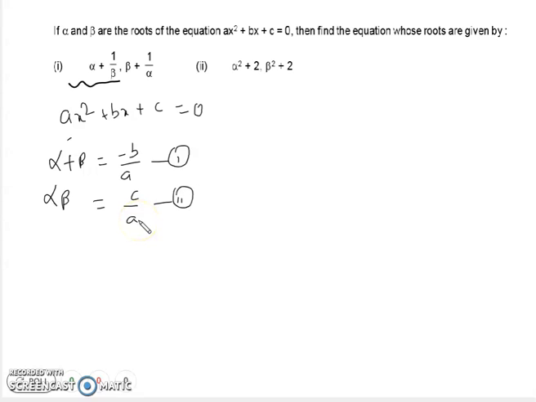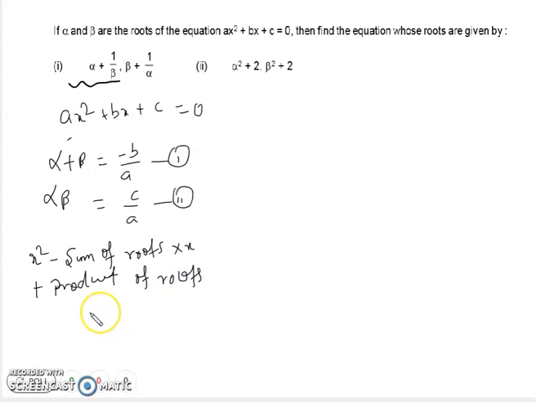And if you are having the roots of the quadratic equation, what will be the general form on the basis of the roots of the quadratic equation, guys? You can write here x square minus sum of roots into x plus product of roots is equal to 0, guys, right?